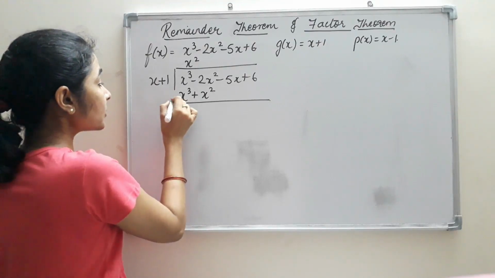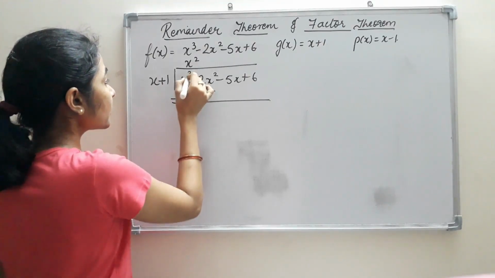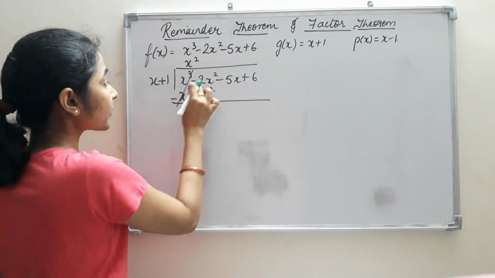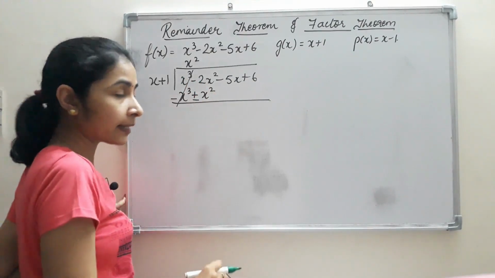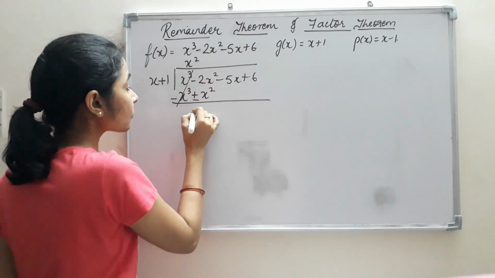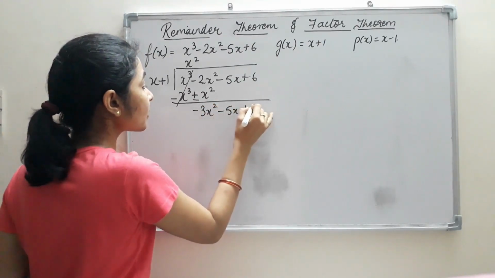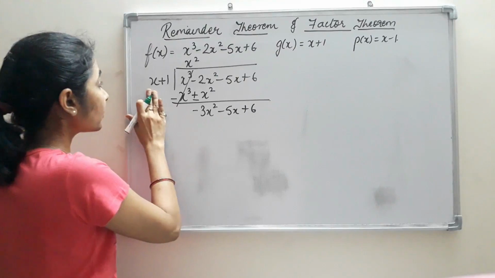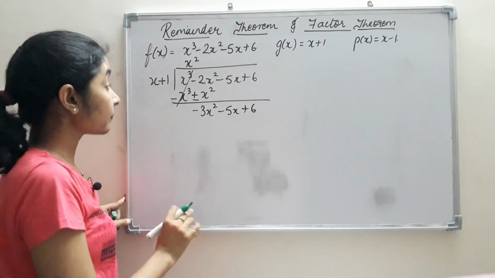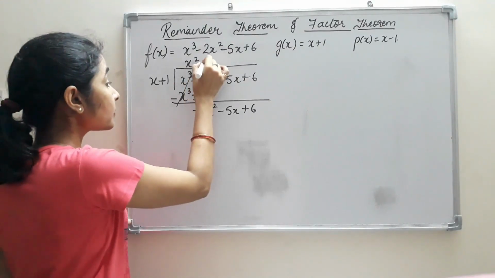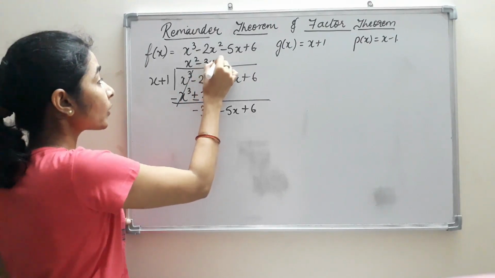Now since the sign changes, here negative, here also negative, this cancels, and negative and negative both are added. So minus 2x square minus x square gives me minus 3x square, minus 5x plus 6 comes down. Now what should I multiply to x to get minus 3x square? So I should multiply minus 3 and one more x I need, so x here.